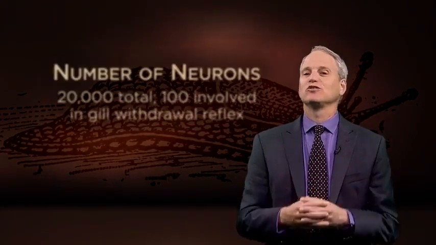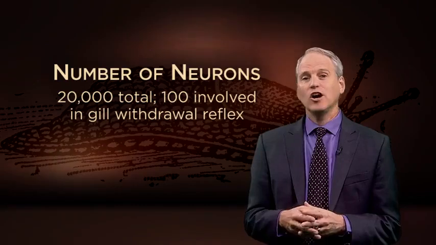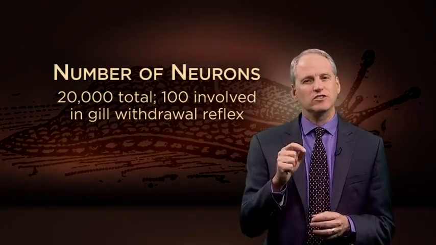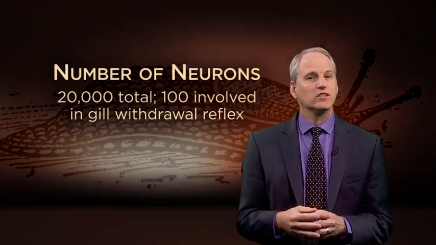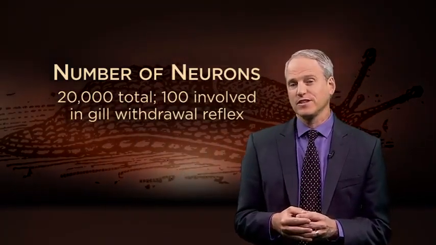But whereas human beings have nearly 100 billion neurons, Aplysia only has around 20,000. And only about 100 of those neurons are directly involved in the gill withdrawal reflex. Furthermore, the neurons in Aplysia are big and easy to identify compared with human neurons.